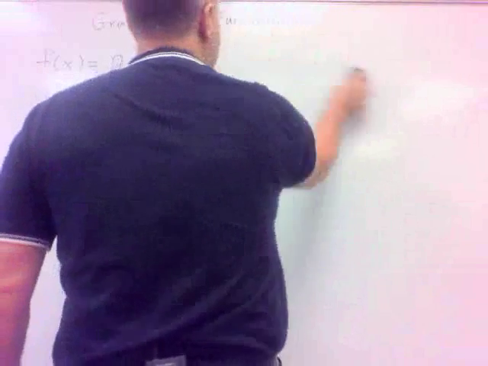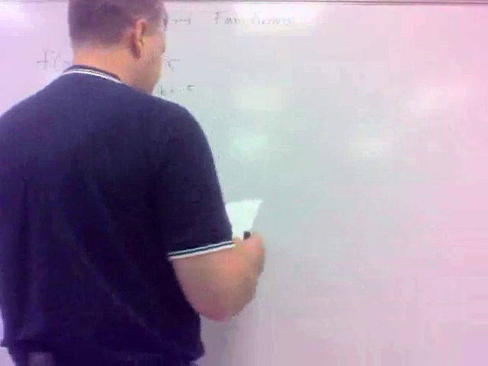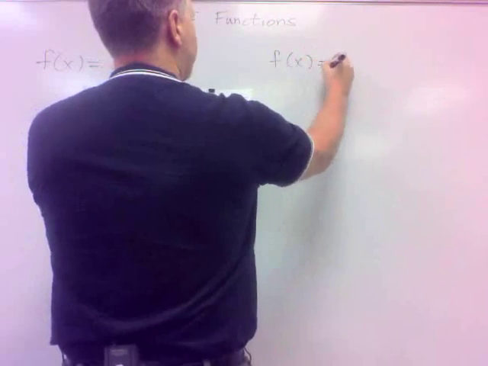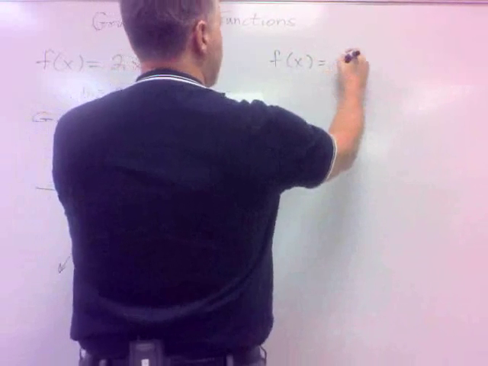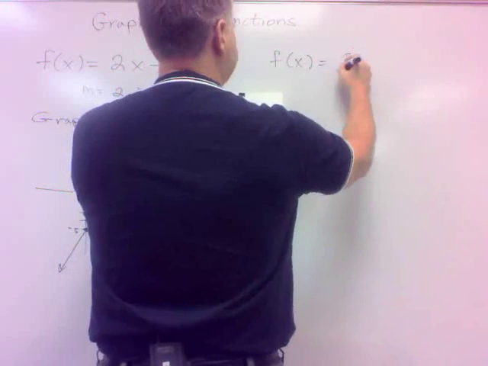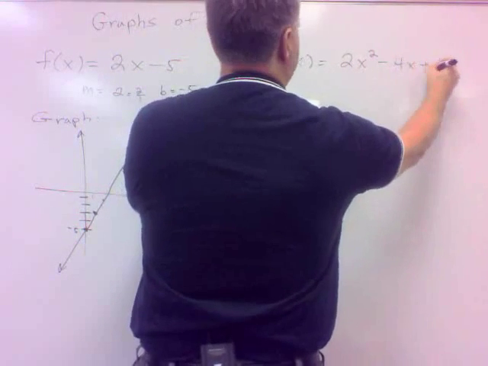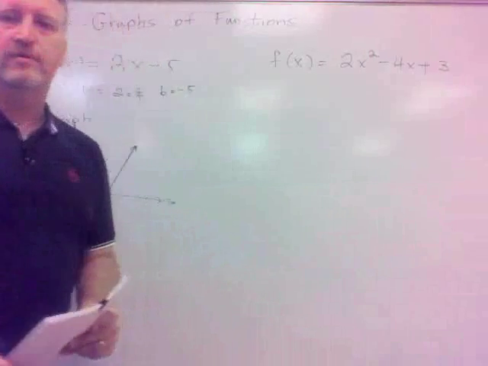Okay, we'll talk a lot about some different functions more later on, but let's say we came across this one. F of x equals 2x squared minus 4x plus 3.